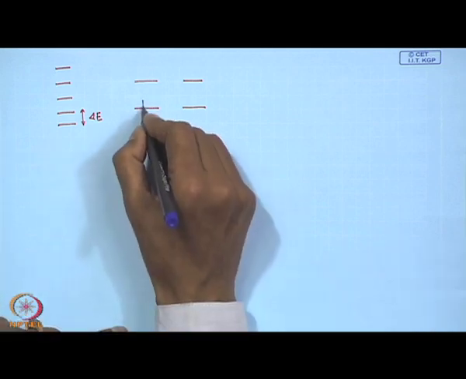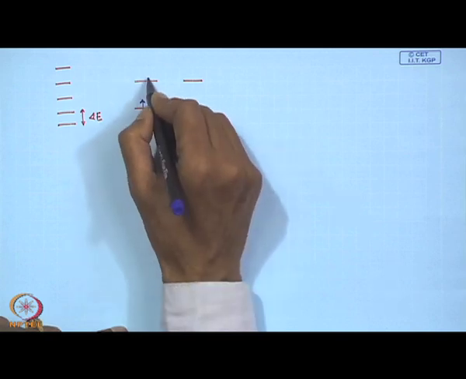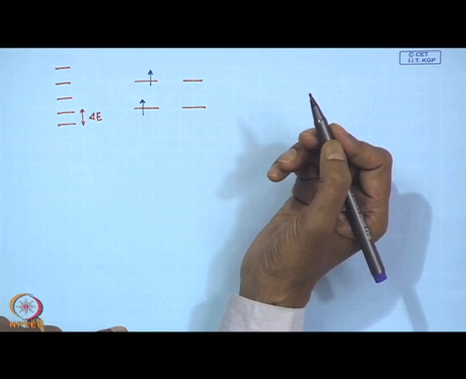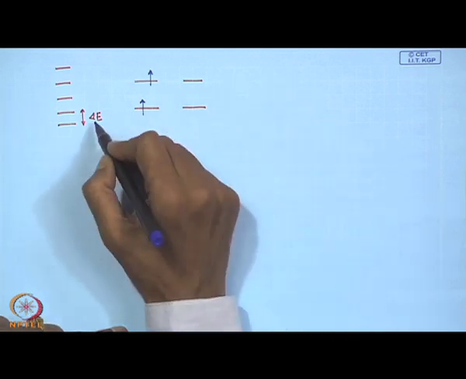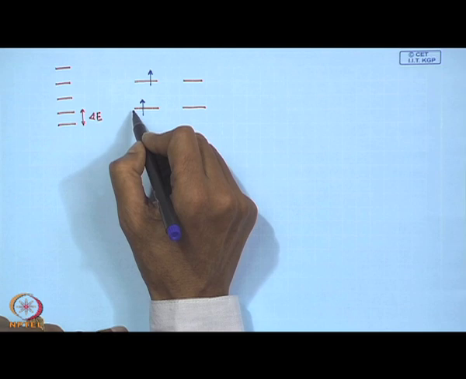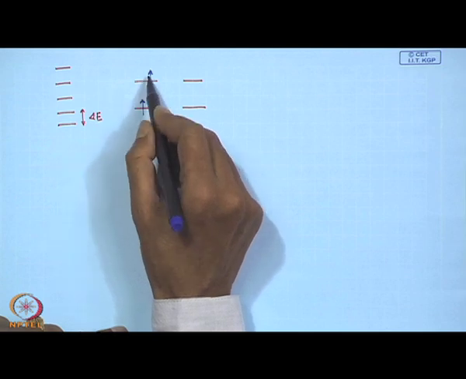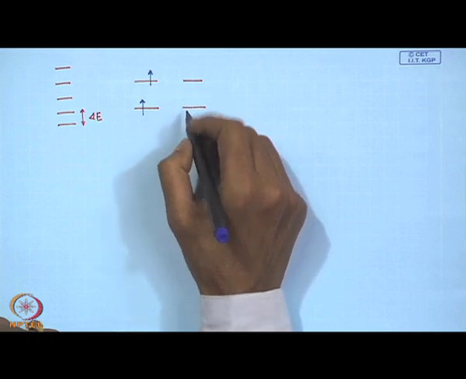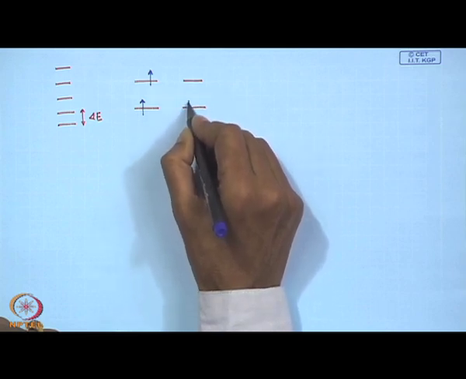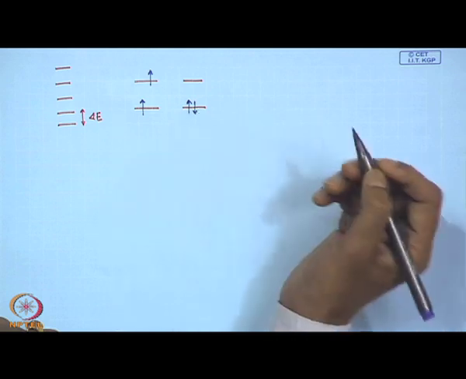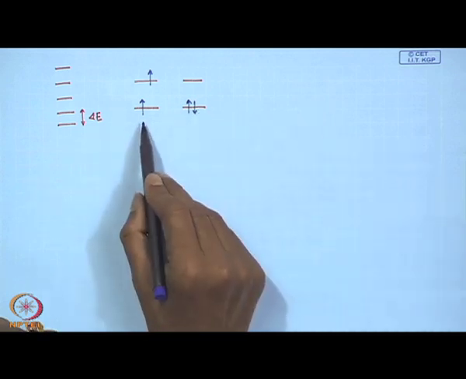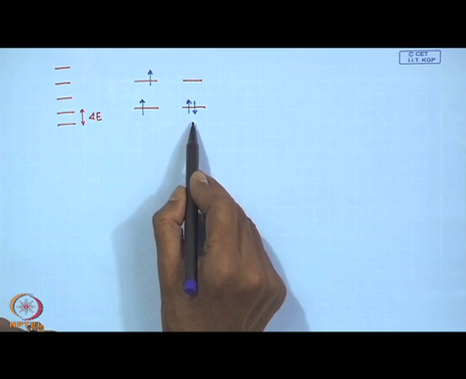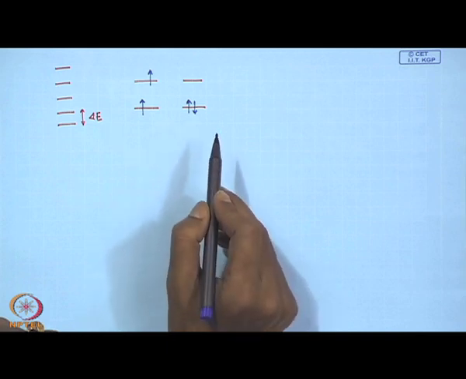In one case for ferromagnetic interactions, we can have the two unpaired electrons in two different orbitals, and this delta E value is small, so that we can push the second electron to the other level. But when this particular value is large, we basically get the pairing of these two electrons. So, the first one can be considered as a ferromagnetic interaction, and this can be considered as antiferromagnetic interaction.